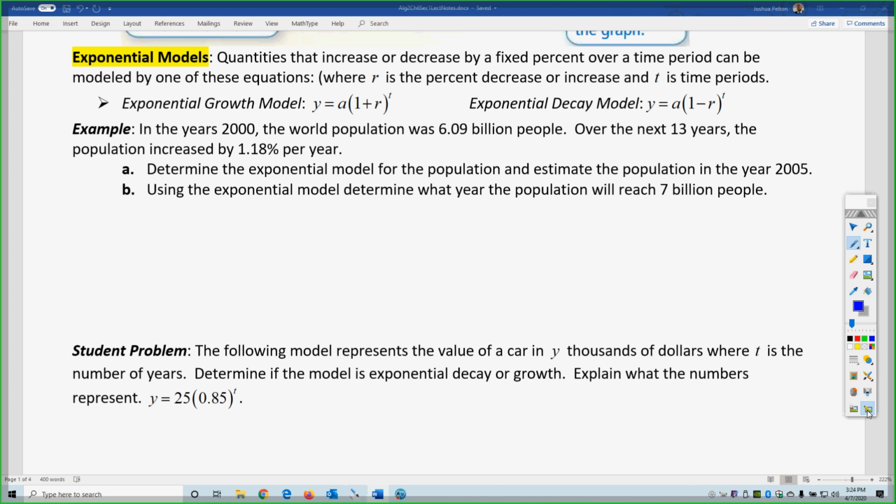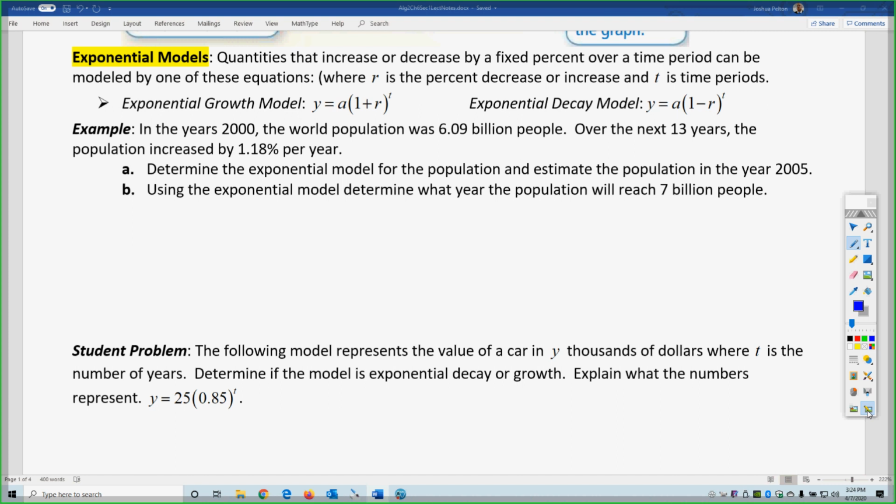Okay, so the quantities that increase or decrease by a fixed percentage over a time period can be modeled by one of the following equations, where r is the percent decrease or increase in t time periods. Sometimes they put just r inside instead of 1 minus or 1 plus, depending on the version of the book you use. Here they use 1 plus or 1 minus. Other books or other videos you might see might just put the amount retained as r on the inside.